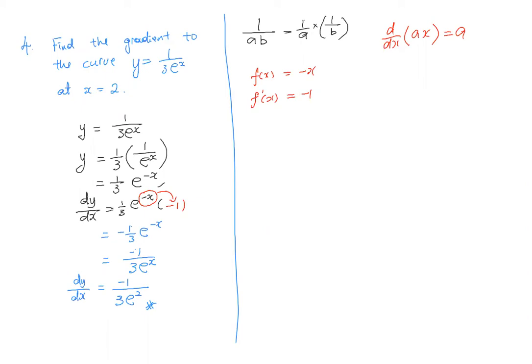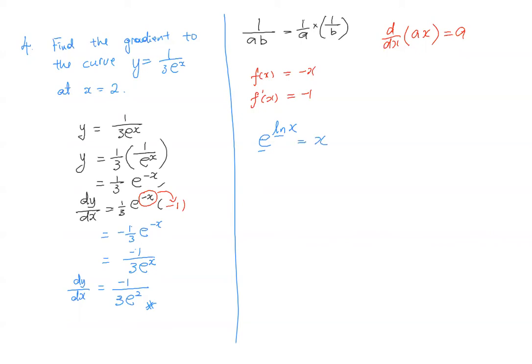One more thing I want you to remember about exponential is this. If I have e to the power of ln x, this is e, this is ln, so the answer is x.